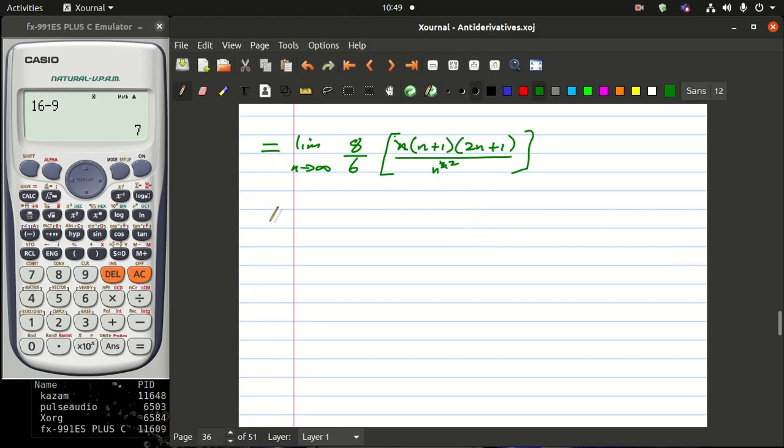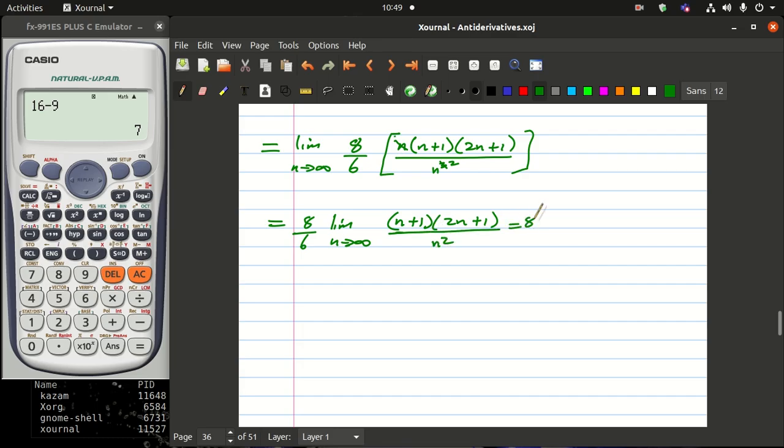The next thing is, because these are constants, I can pull them before the limit. There's no harm in doing that, so that I can focus on things that actually make sense. So we have n plus 1, multiplied by 2n plus 1, and then divide this whole thing by n squared.